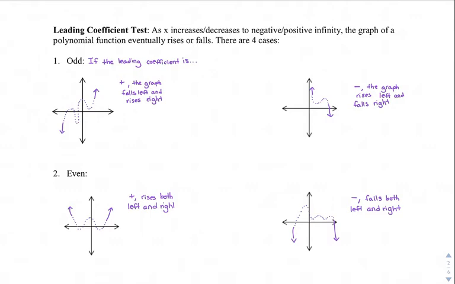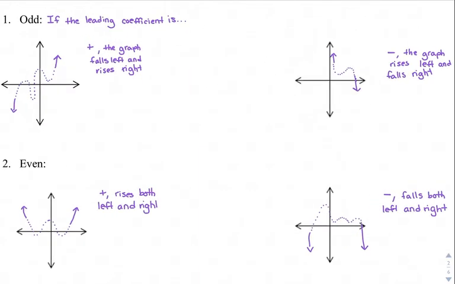If the leading coefficient is negative, the graph rises to the left and falls to the right. If your degree is even and the coefficient is positive, it rises both ways. And if your degree is even and your coefficient is negative, then it's going to fall both ways.